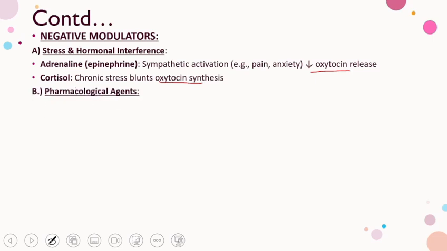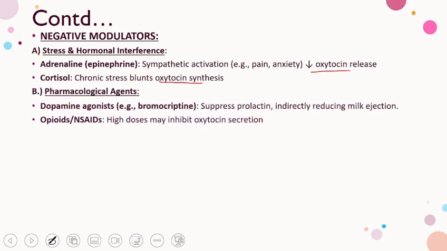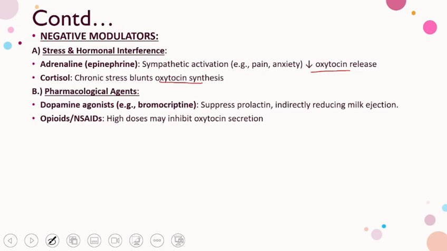And next are pharmacological agents like the dopamine agonist bromocriptine. Such things also suppress the prolactin. What prolactin does is synthesize milk, and once this is suppressed, the milk formation will be less, and that directly or indirectly will reduce the milk ejection.